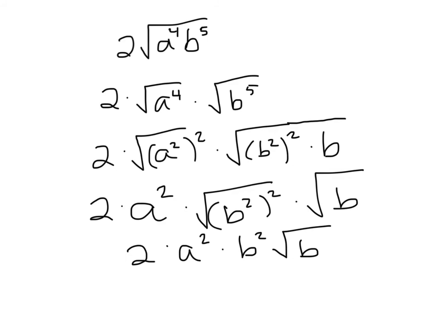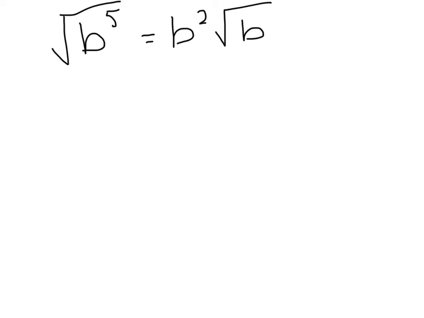Again, my goal when simplifying these radicals is to get the smallest possible thing inside of the radical. b is the smallest possible value to be left inside of the radical, since I could simplify the square root of a to the fourth as a squared, and the square root of b to the fifth as b squared times the square root of b.